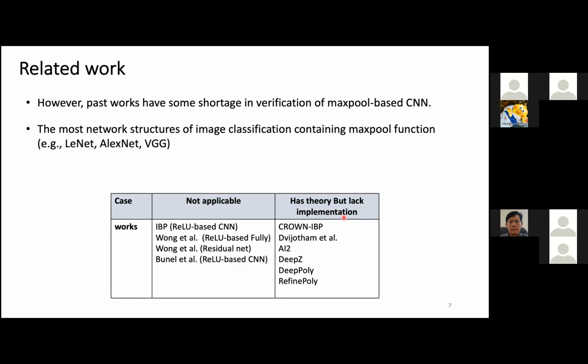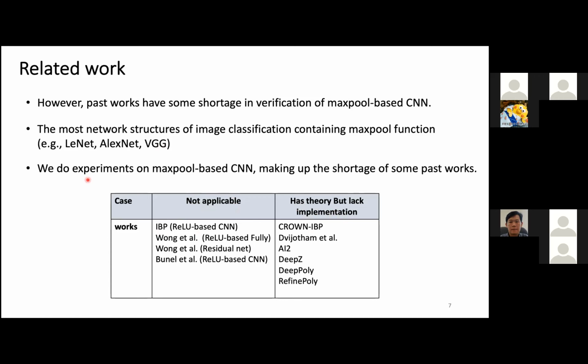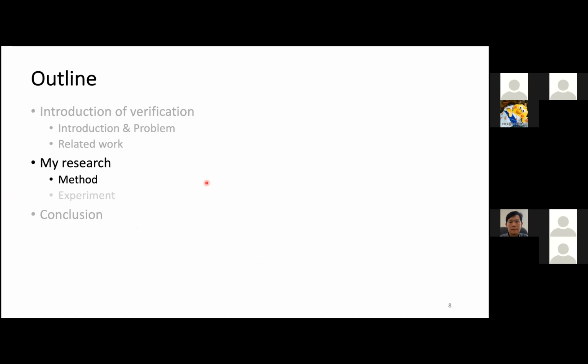So in our work, we do the experiments on maxpool-based CNN, making up the shortage of some previous work. And the shortage here we mean is the implementation. I will verify this in the experiment part. So let's move on to my research.